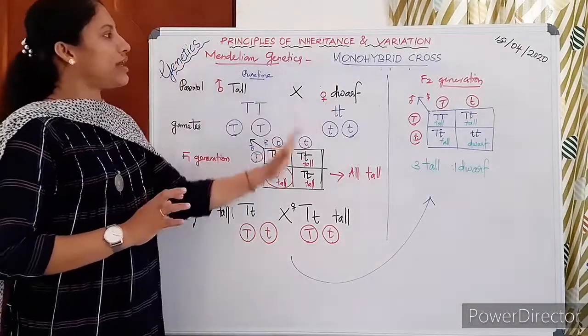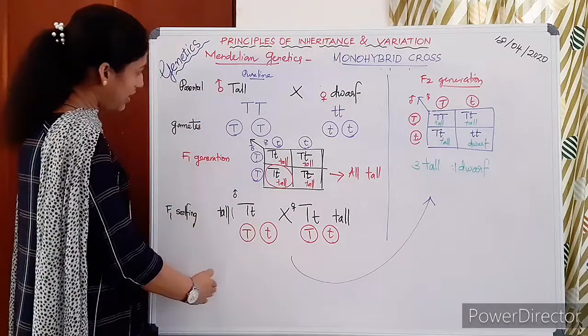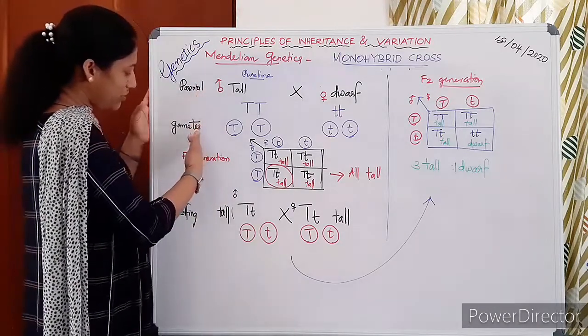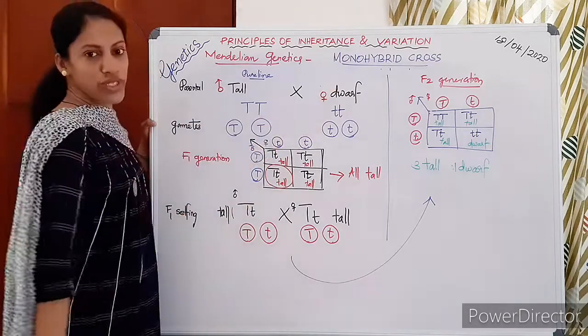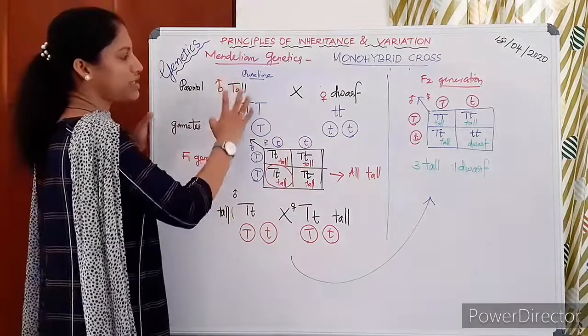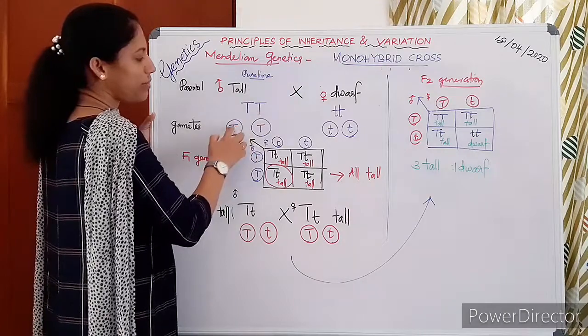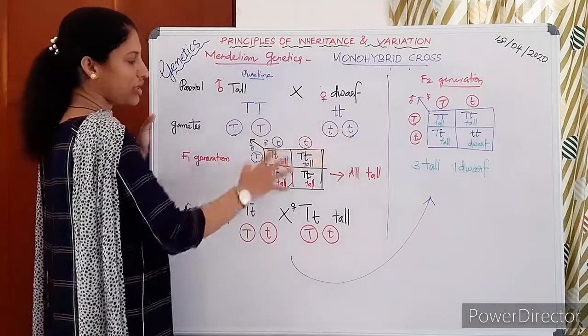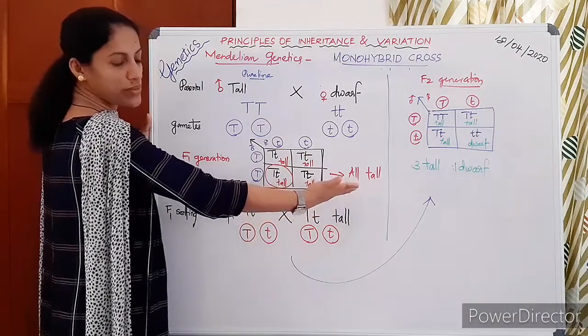Anyway, just see that when you work out a monohybrid cross, you have to keep a left line writing parental, gametes, F1 generation, F1 selfing, and then F2 generation. In the middle section you write the first, parental generation, showing the cross and its gamete splitting. Then the Punnett square work, and its result should be written separately.